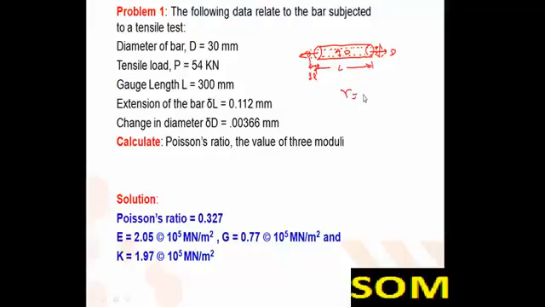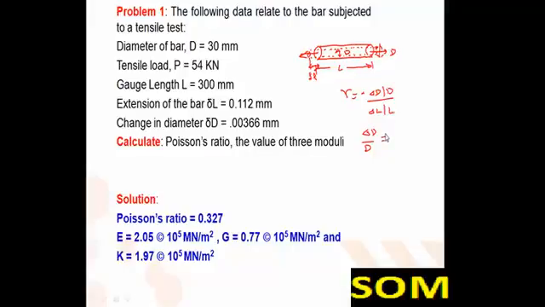Poisson ratio is given by the ratio of lateral strain to the longitudinal strain, delta D by D to delta L by L. Delta D by D is 0.00366 by 30.